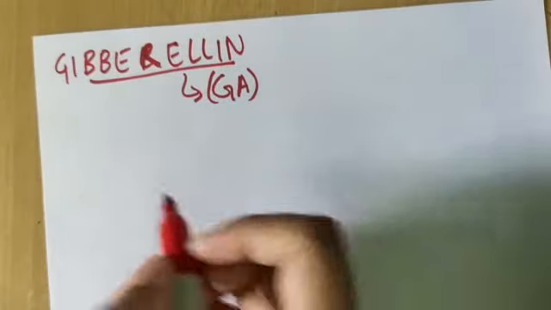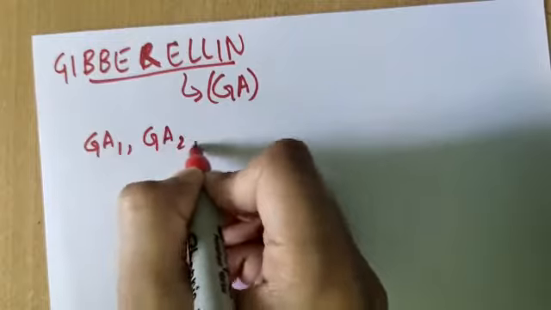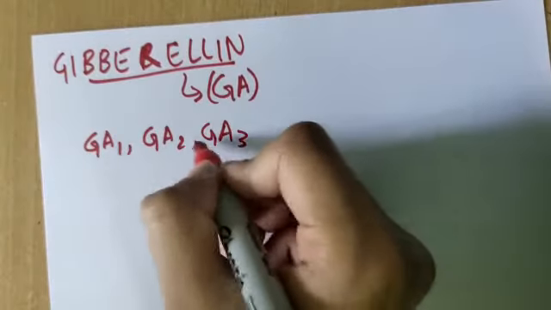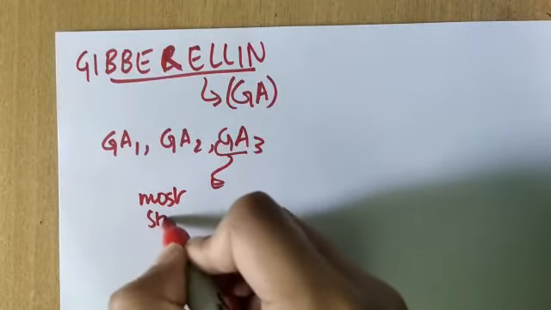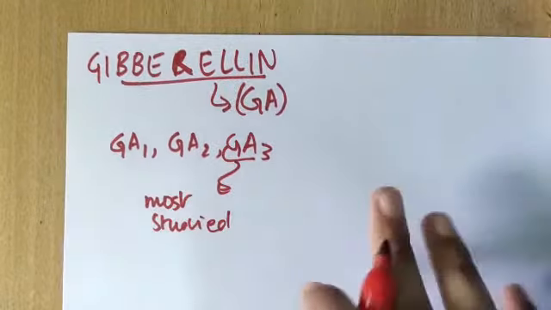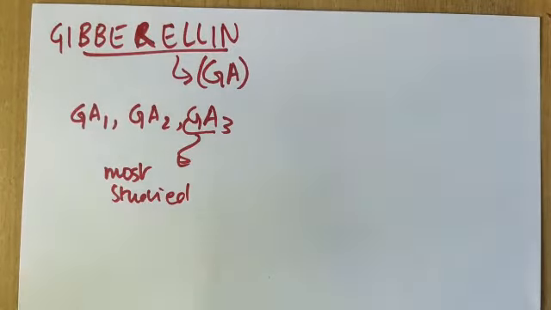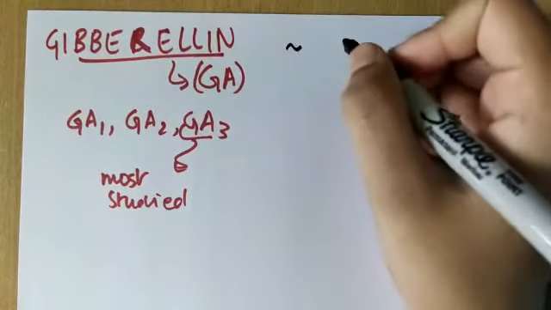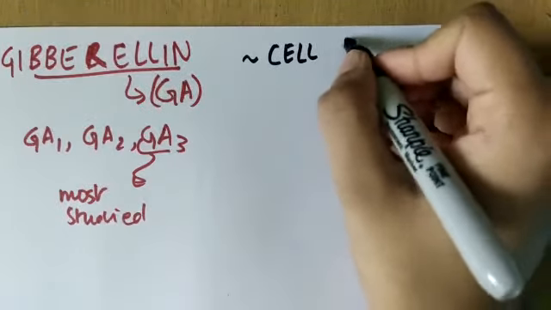Many types of gibberellins are GA1, GA2, GA3. GA3 is the most studied form of gibberellin. So what are the main functions of gibberellin? As I told you in auxin, it also helps in cell elongation.